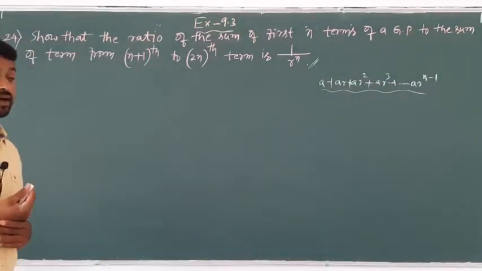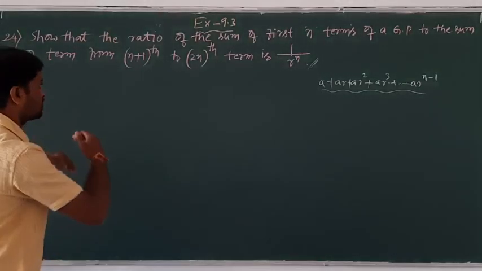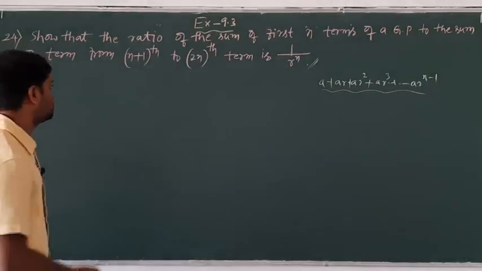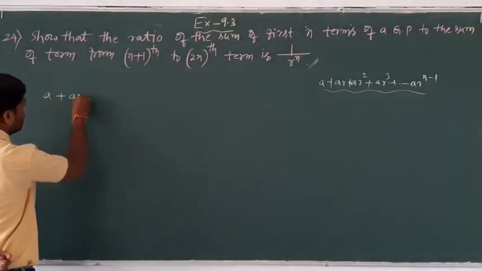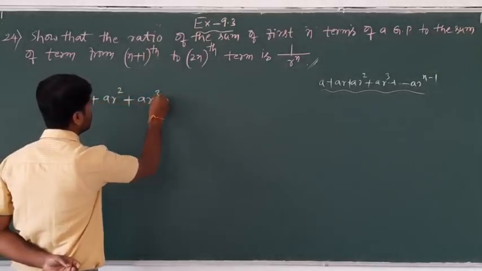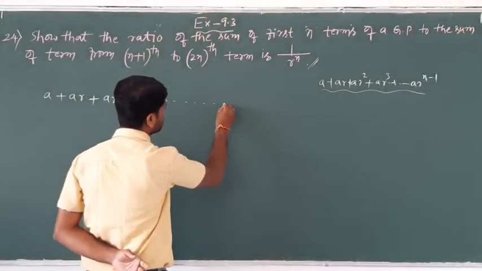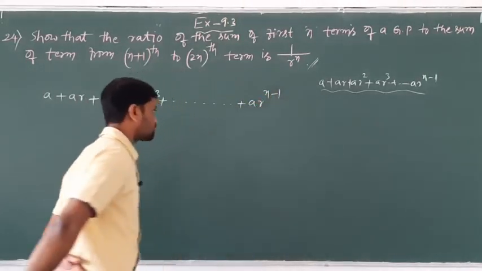First, write the sum of the first n terms of a GP: a plus ar plus ar square plus ar cube, up to so on, plus a into r power of n minus 1.